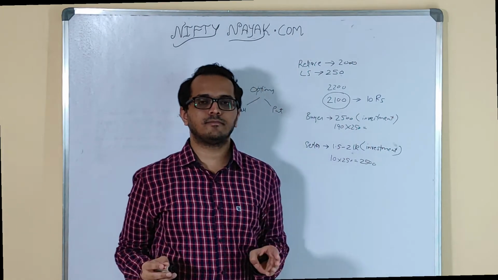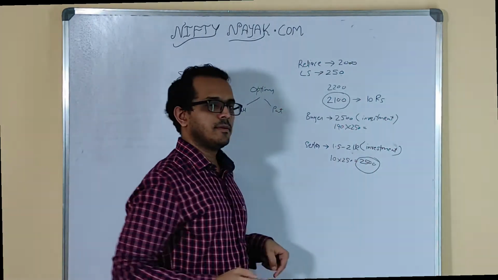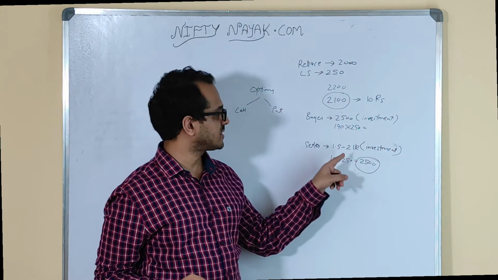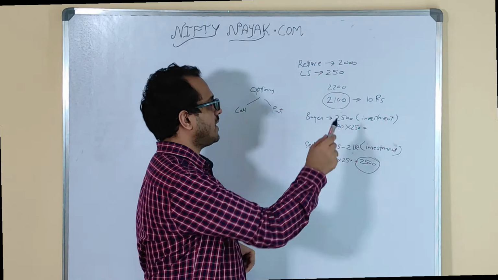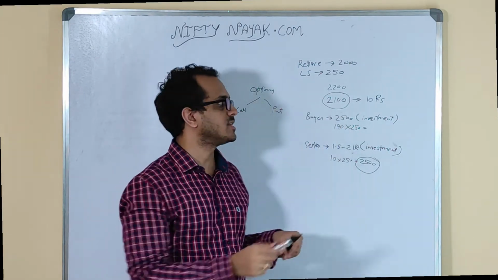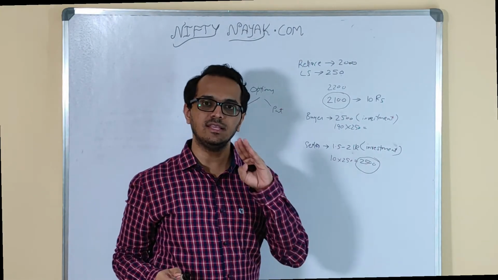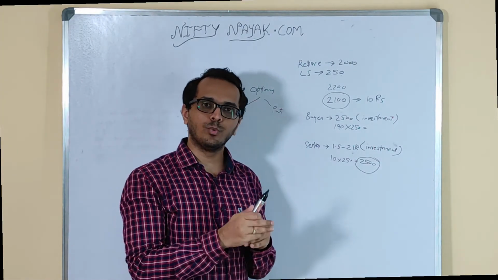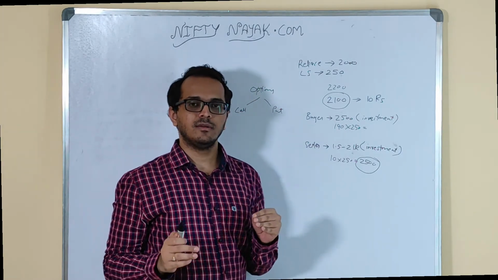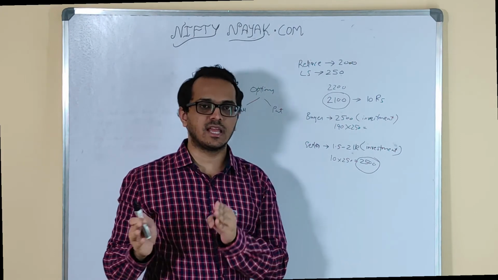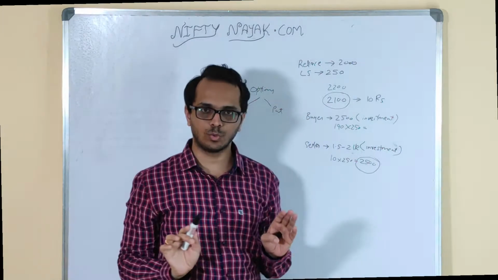So for a seller, the maximum profit which he can make is this much. But he has to give an investment of 1.5 to 2 lakh. Whereas for a buyer, the investment is only the premium what he pays, which is approximately 2500. The profit potential is unlimited, which means the more the Reliance goes up, the more profit he will be making. But even if Reliance is in sideways or if it goes below, he will be losing this amount only.